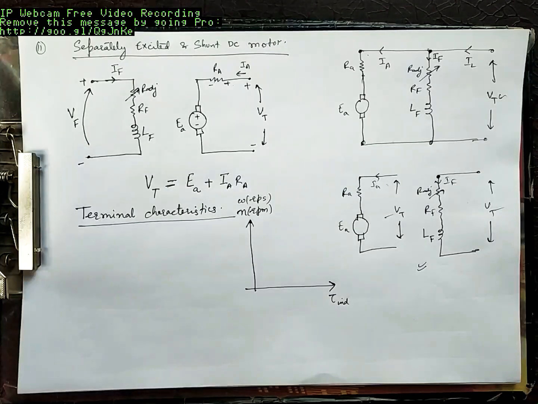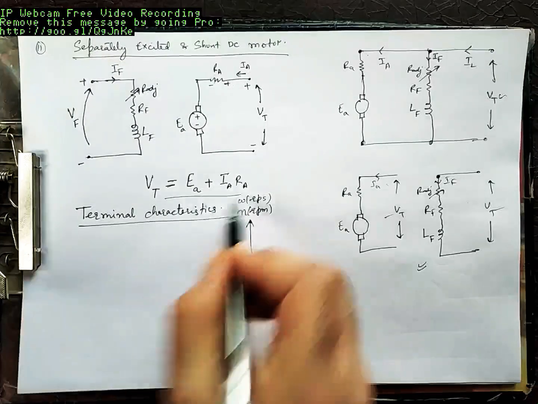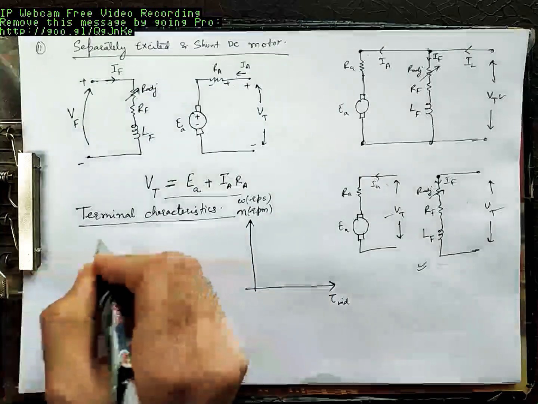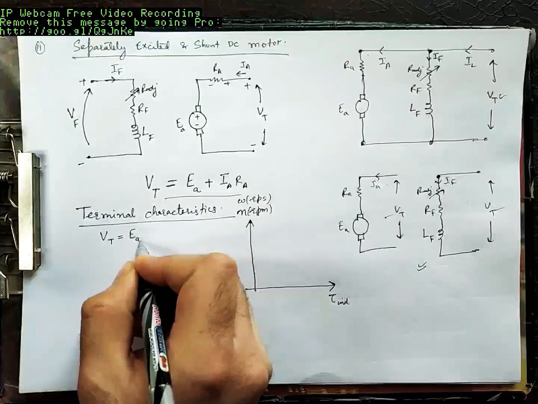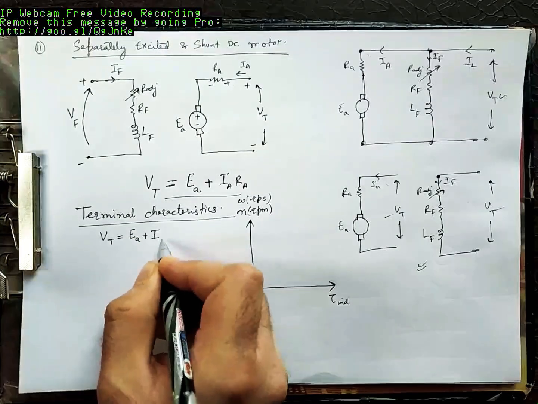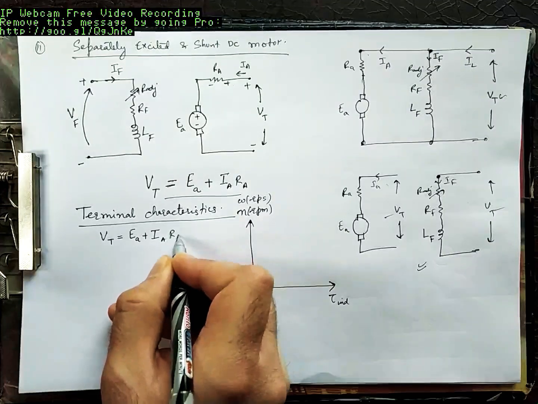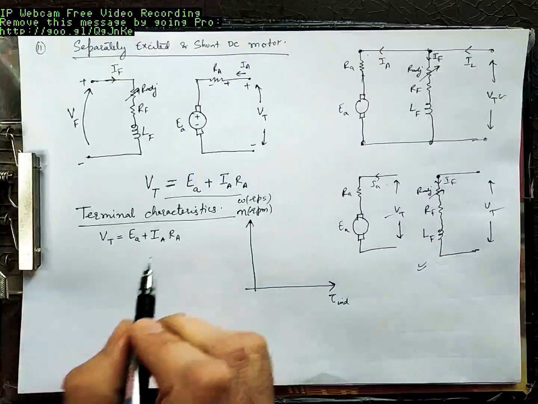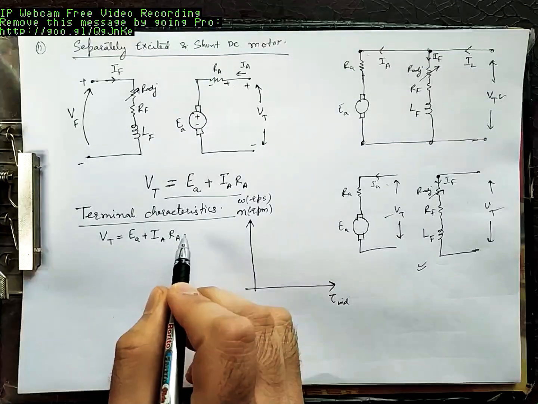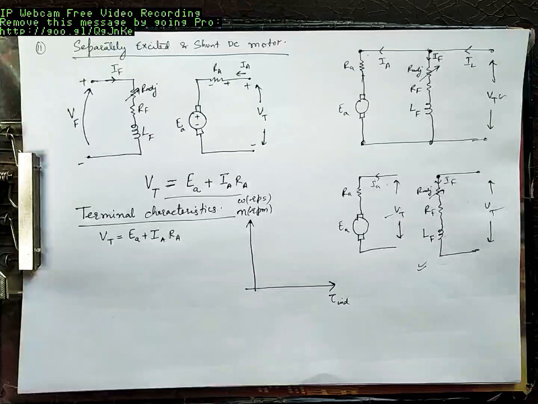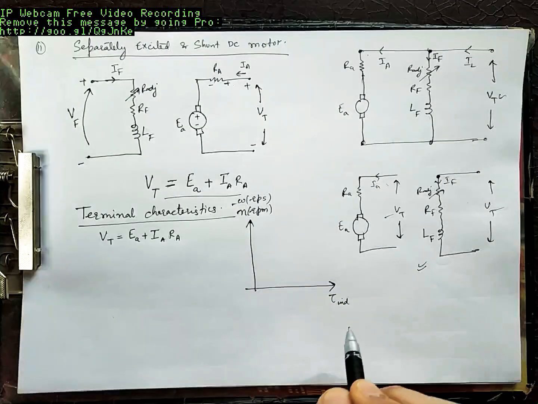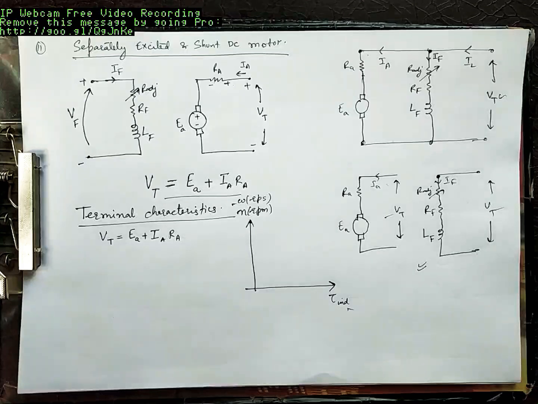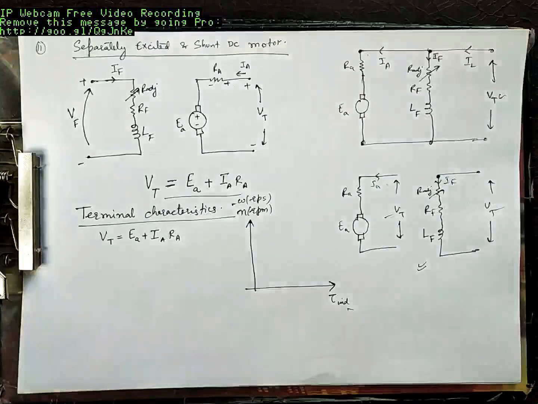We'll derive this from the KVL equation itself. Since we know this Vt is equivalent to EA plus IARA, I would like to get this equation in terms of speed omega and induced torque. So how can I get that?